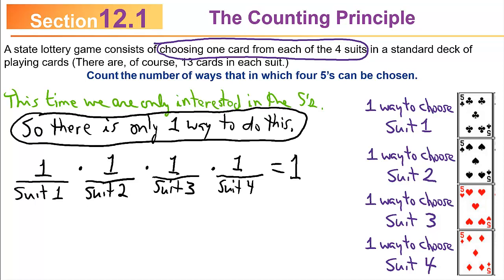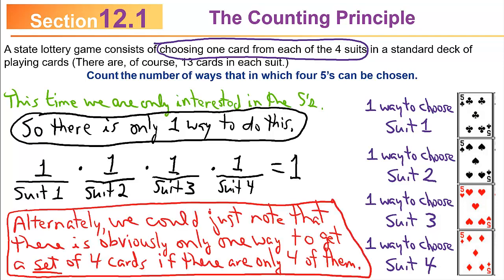Well, if you think about it a minute, that was pretty obvious, because if you're looking only at the 5s and you're going to draw 4 cards and there are only 4 cards there, there's only one way to do it. Just look, there are 4 5s there and you're choosing 4 cards. Well, 4 out of 4, there's only one way to do it.